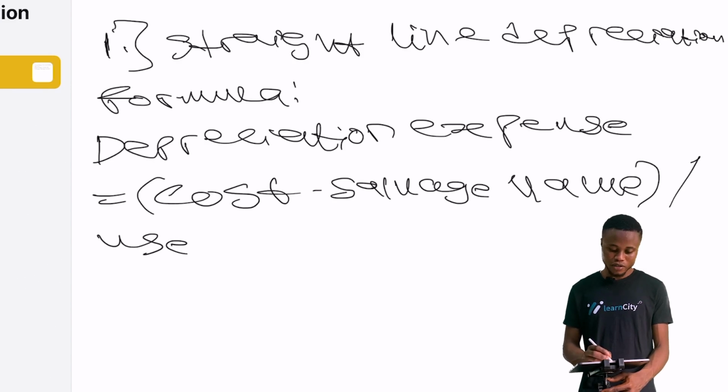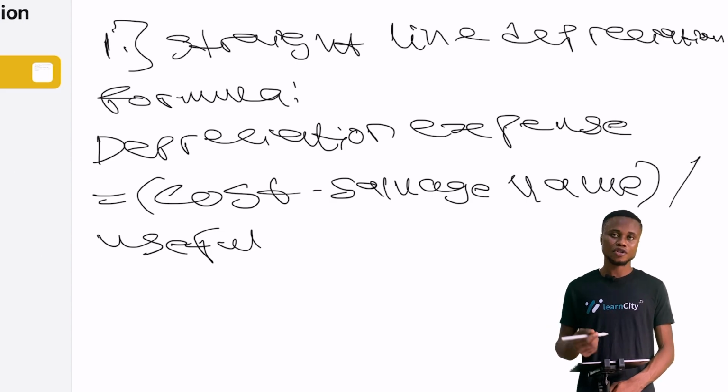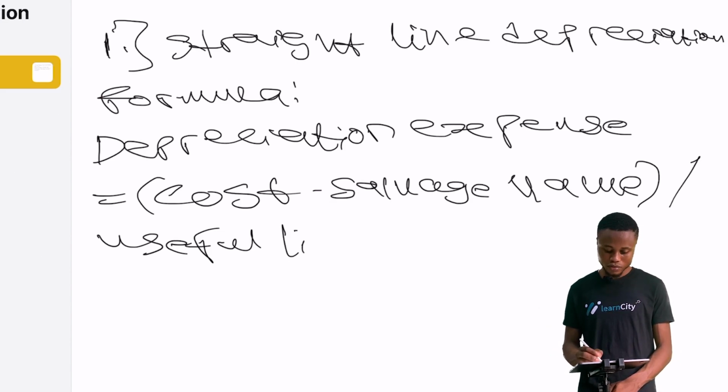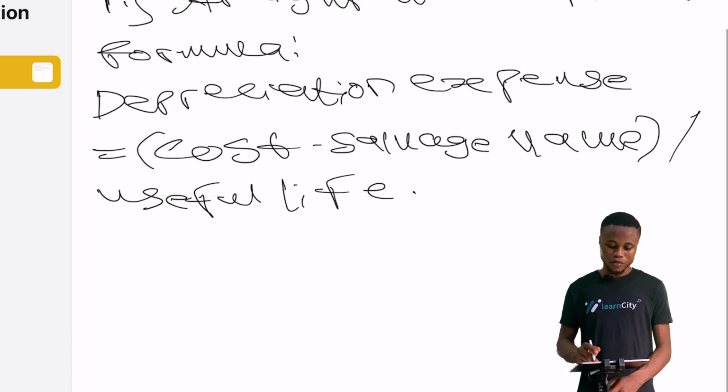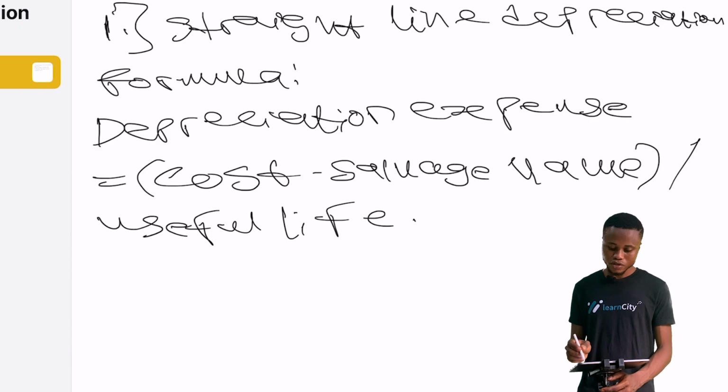All this formula I'm writing down is very straightforward, and I'm going to explain it in the application. So the formula for straight line is cost minus residual value divided by useful life.